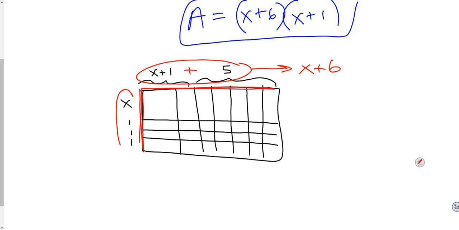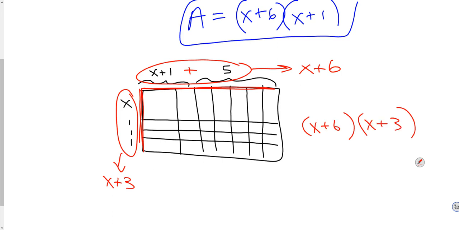This side is really x plus 3. So if they want us to find the area, now that we know the two entire sides, then all you have to do is multiply them together. And then if it says simplify, you actually FOIL it. But if it says just find the area, that's what you could write, and that would be your answer.